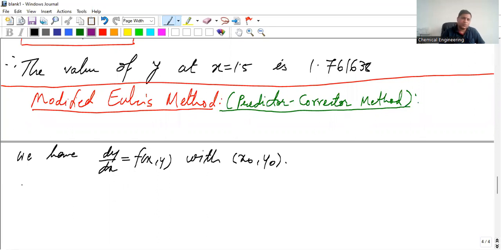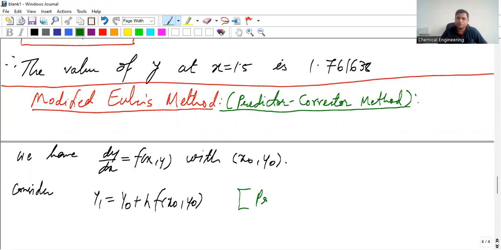Now you can see the formula: y1 is equal to y0 plus h times f of x0, y0. What is this formula for? The Euler method formula, no? Yes, sir, this is the previous formula that we have used. So this formula is called the predictor formula.